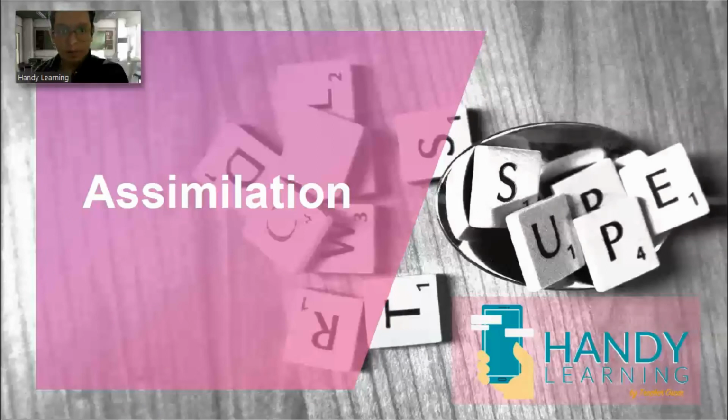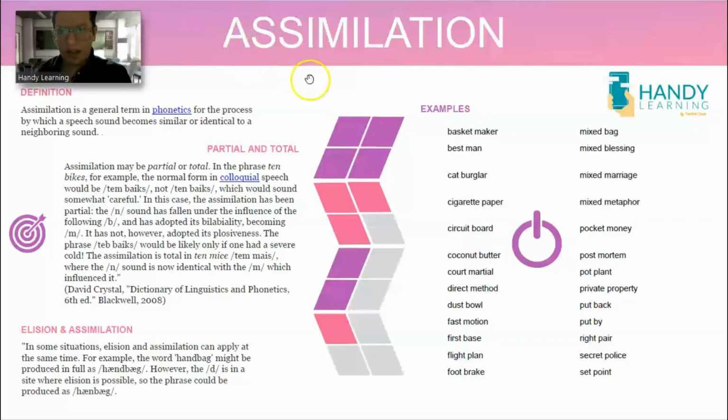Let us talk now about the different features of connected speech. First, assimilation. Assimilation, as the definition says, is a general term in phonetics for the process by which a speech sound becomes similar or identical to a neighboring sound, meaning one sound assimilates the next sound to create one new sound in the connection of words.